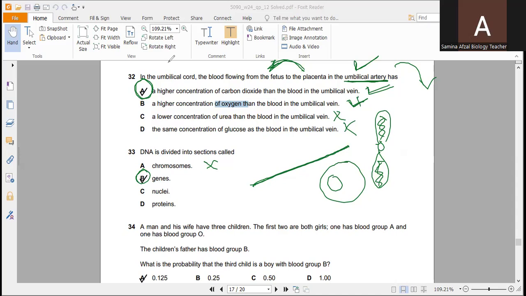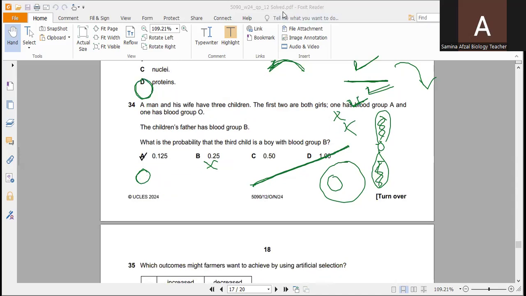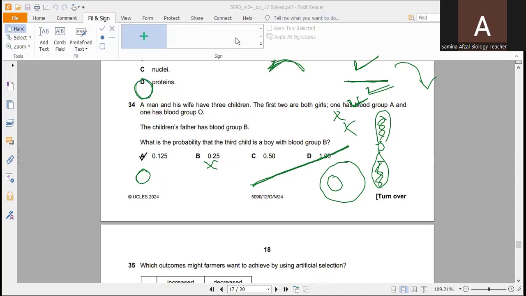Next question: a man and his wife have 3 children. Here you can see this question.